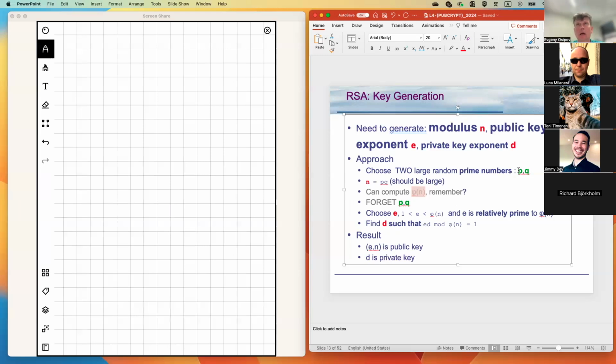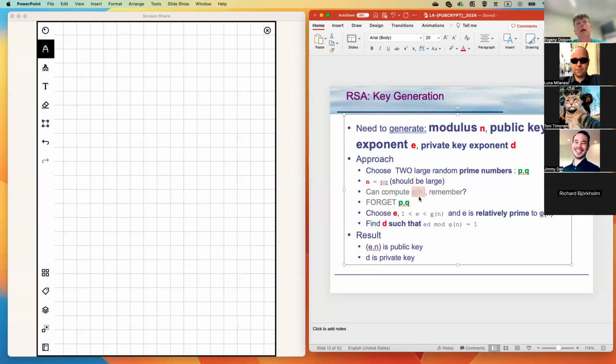So it's not that you keep them secret, you simply forget them, as well as you forget phi of n after the generation. So you only use n, e, and d for your computations, right?